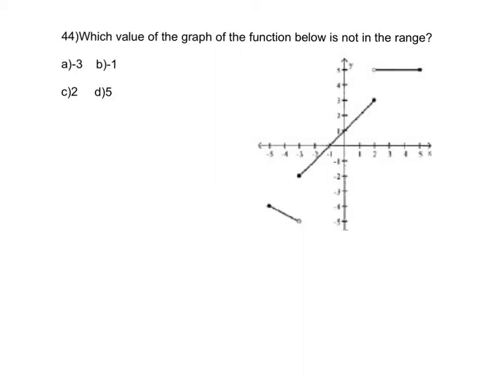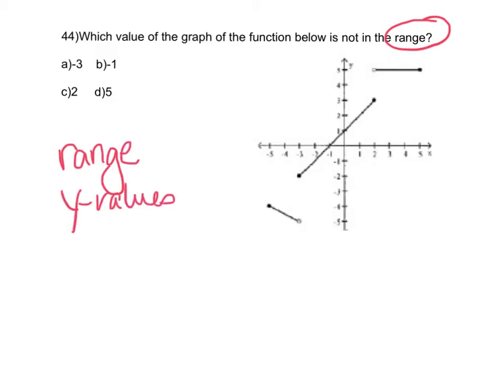In this problem, it's asking you which value of the graph of the function below is not in the range. Keep in mind that the range, those are your y values. So you're taking a look at all of your y values, and we're looking for the one that is not graphed.